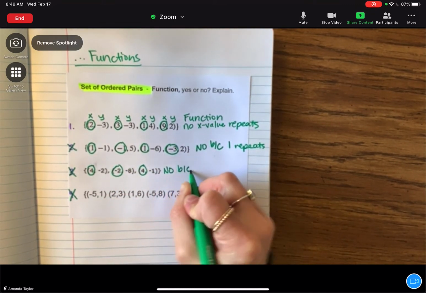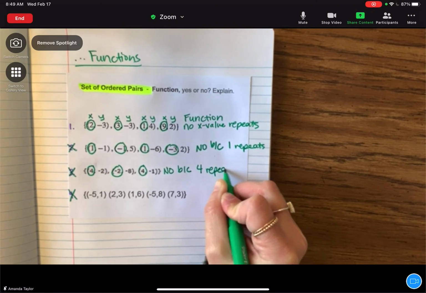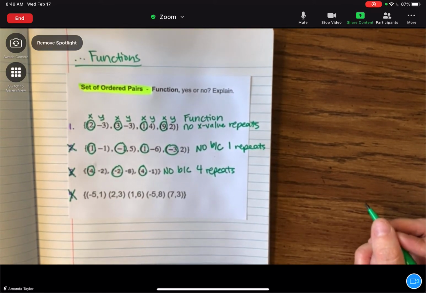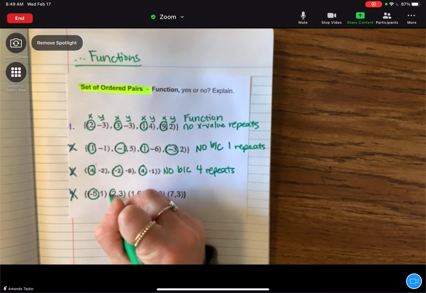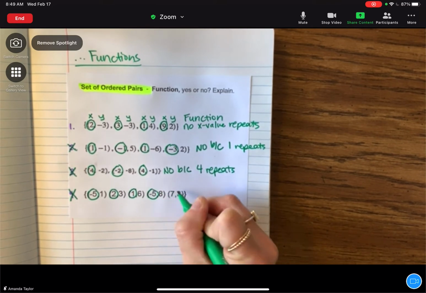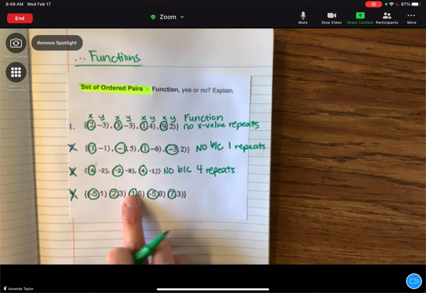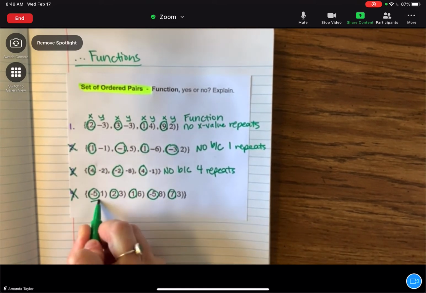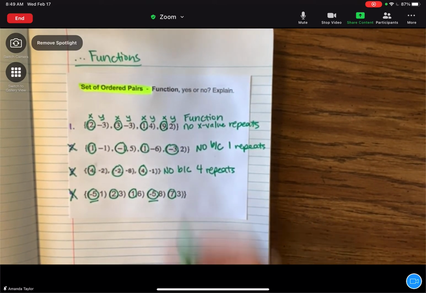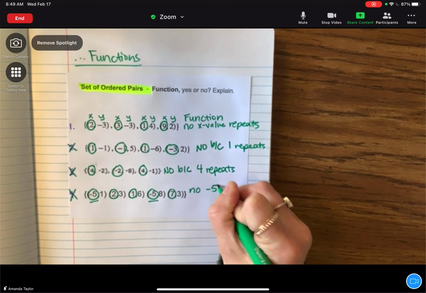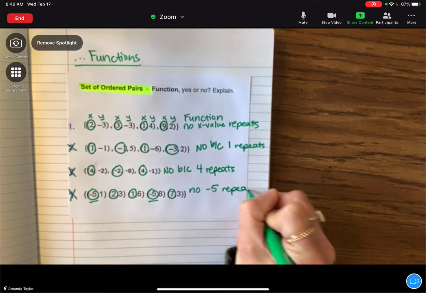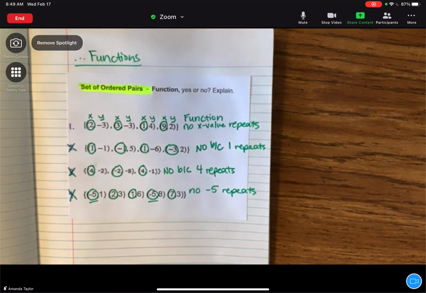No, because 4 repeats in those X values. So it's helpful if I just circle the X value, the first number in my points. Do that first and then look and see which number repeats. I got two -5s here. So no, -5 repeats.